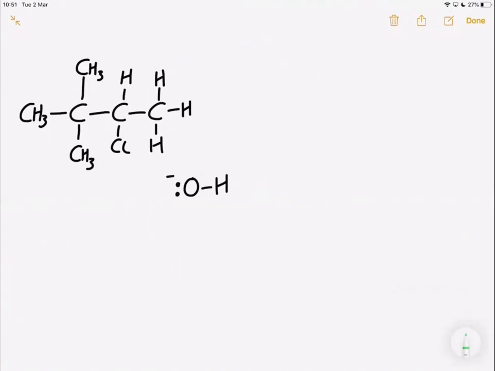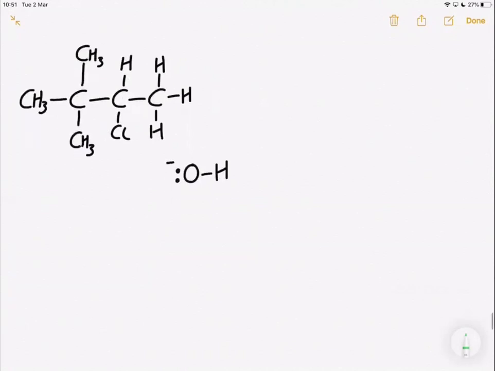Okay, so remember that in the elimination mechanism, the hydroxide ion does not act as a nucleophile in the way that we view it acting as a nucleophile when it substitutes. Instead, we say it acts as a base. And a base in A-level chemistry is a proton acceptor. So what this hydroxide ion is going to do, I suppose technically I should specify that it's in ethanol, is take away a hydrogen ion.